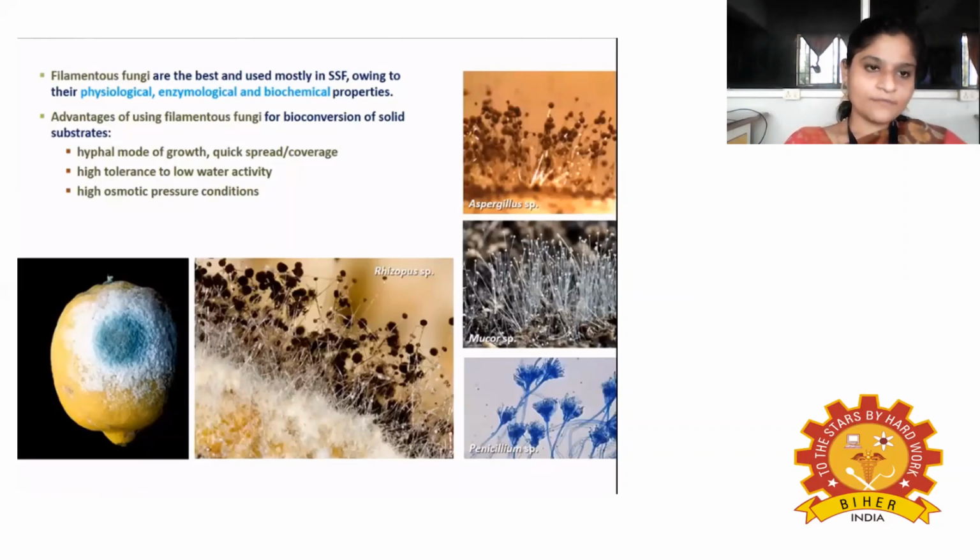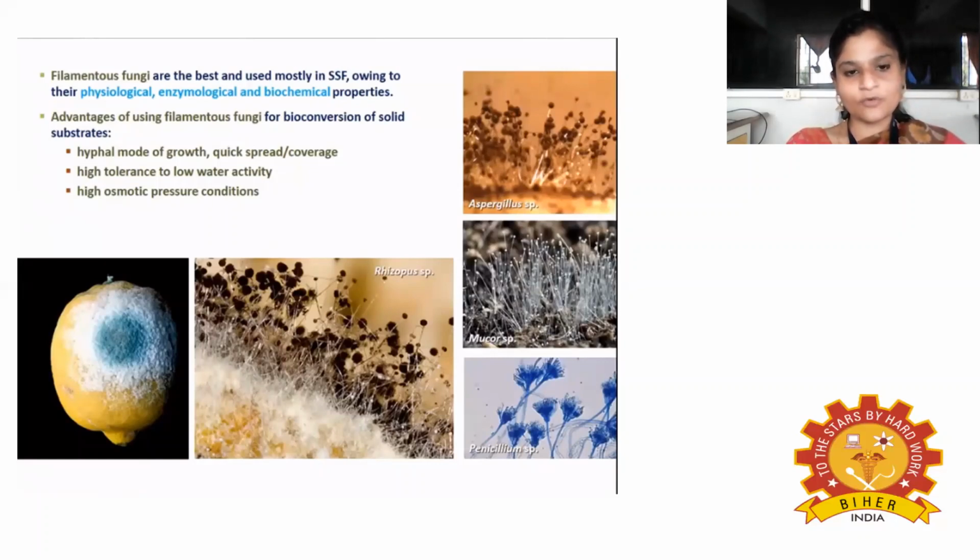So what are all the advantages of using filamentous fungi for bioconversion of solid substrates? If you look into this aspect, hyphae mode of growth, that is quick spread and coverage. You all know the growth stages of a fungi.